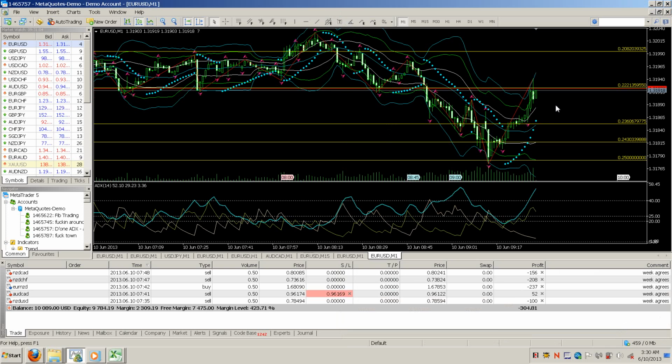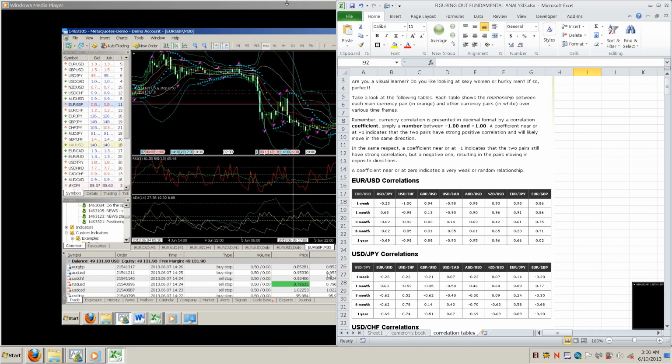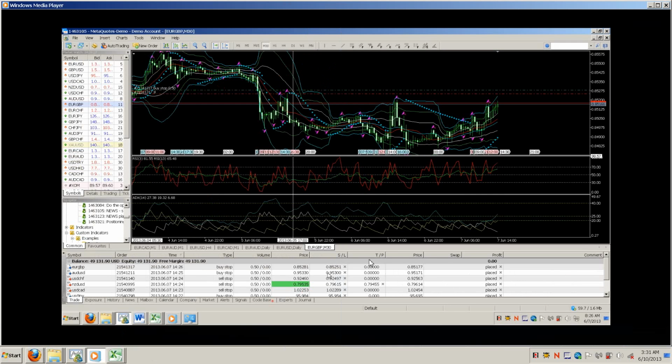Anyways, correlation. So basically, if I thought that the Euro USD was going to go up at the announcement, but I wasn't sure, because no one's sure unless you have some kind of inside knowledge with someone in some other country, I don't know. If you figured it out, leave a comment.